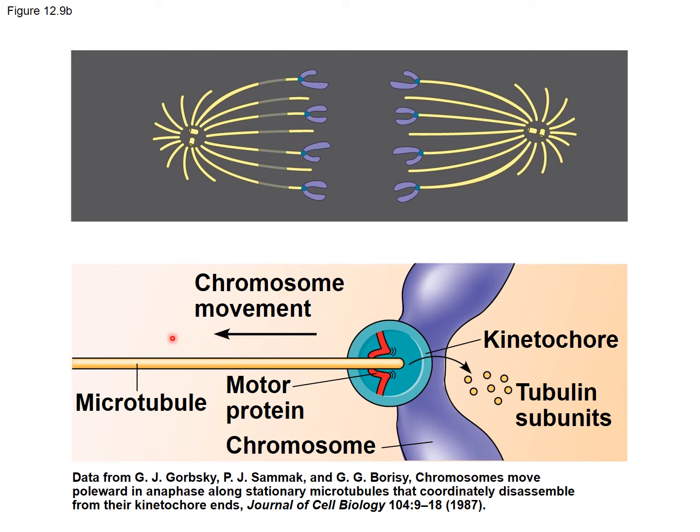So the chromosome is moving this way along the polymerized part of the microtubule, while on the other side of the chromosome, the microtubule is depolymerizing. So it's breaking down into its individual tubulin subunits. Okay, so that's how that happens. So basically, as these chromosomes are moving along the microtubule toward the opposite ends, on the other side of the chromosome, the microtubule is starting to depolymerize or break down.